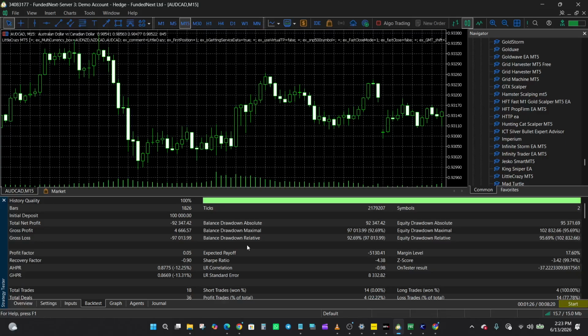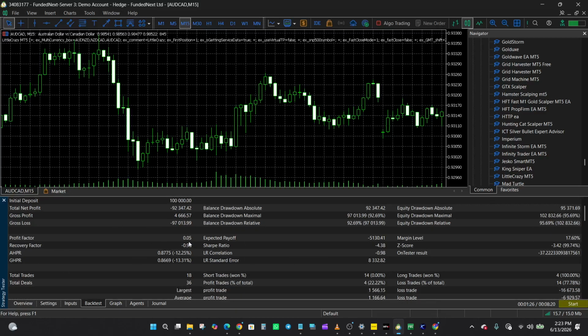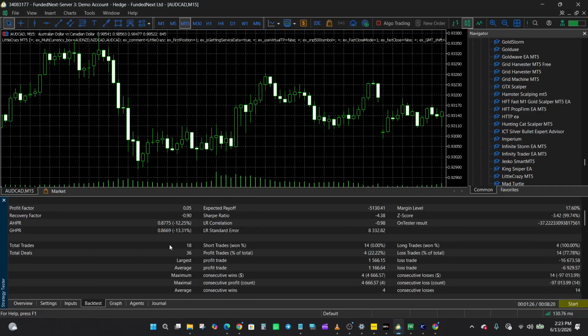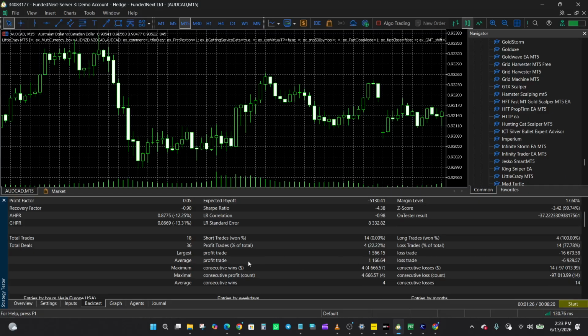I feel like this EA has a poor risk to reward ratio, but we are going to get there. The profit factor was just 0.05. The total trades taken were 18, but out of that 18, only 4 were profitable with a 22.22% win rate. Now let's look at the average profit, 1,166.64, and the average loss was 6,929.57. I guessed right.